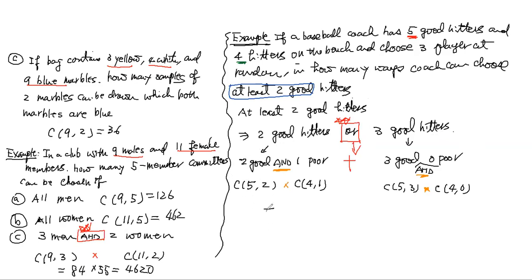This is 40, and this is 10. So you add them together. The total is 50 different ways to choose it.